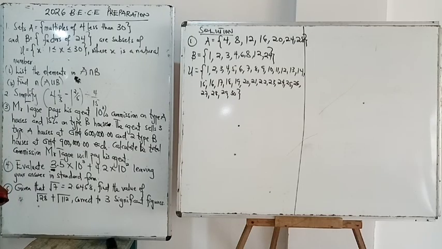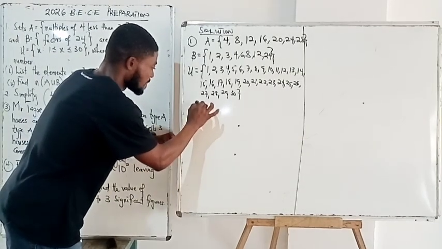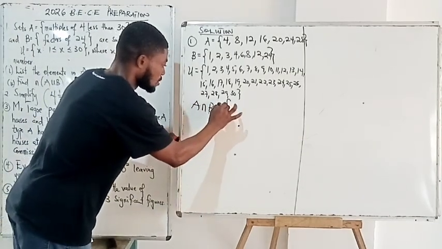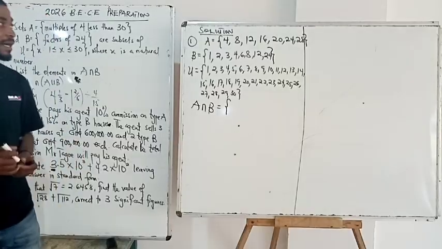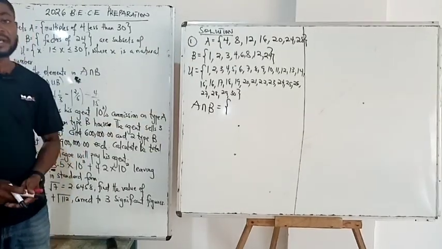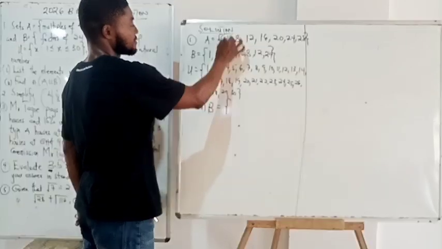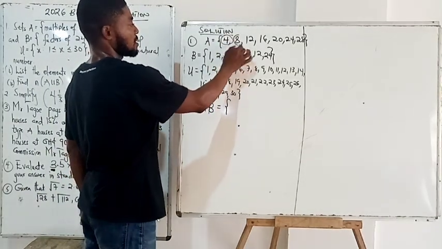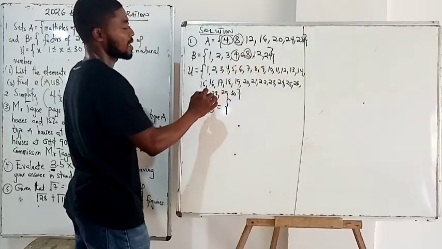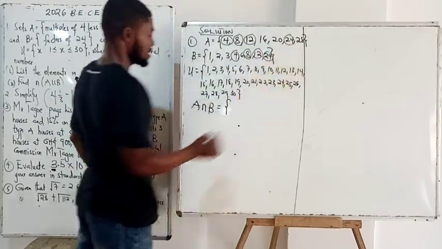So the question then says I should find or list the elements in A intersection B. With A intersection B, I'm only interested in what is in A and at the same time in B. And if I cross check this very well, I can get 4 here, 8 here, I can get 12, I can get 24.